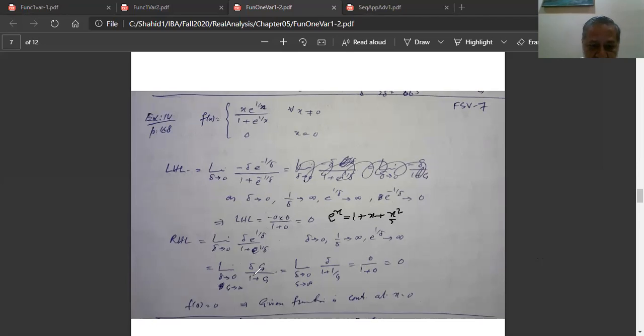So large taken common from both numerator and denominator, और ये वर्किंग जो है मैंने थोड़ा सा रफली की हुई है, बट दिस लिमिट कम्स आउट टू बी 0.